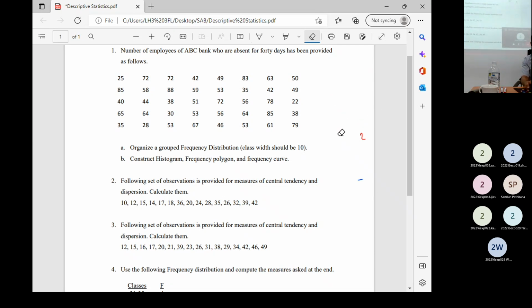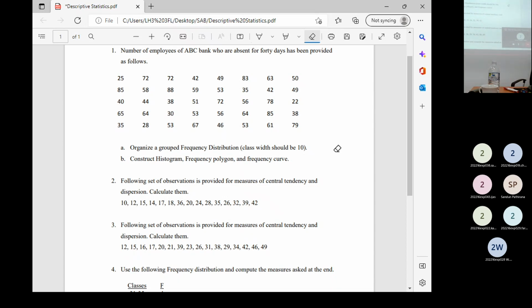Right, what is the minimum value? Here 20, 22. No? Right. Now let's start. I use the tally table. You can start from 22 itself or round figure to the next. Right, I start class 20 to 29.